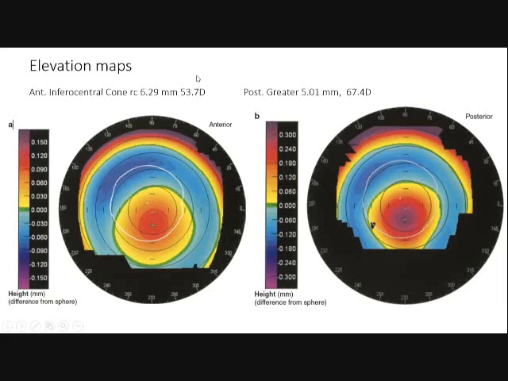The anterior one has a power of 53.7 diopter and the posterior one has a power of 67.4. So this is characteristic of keratoconus. This is the third criteria in addition to the power and pachymetry, that is the thickness of the cornea.